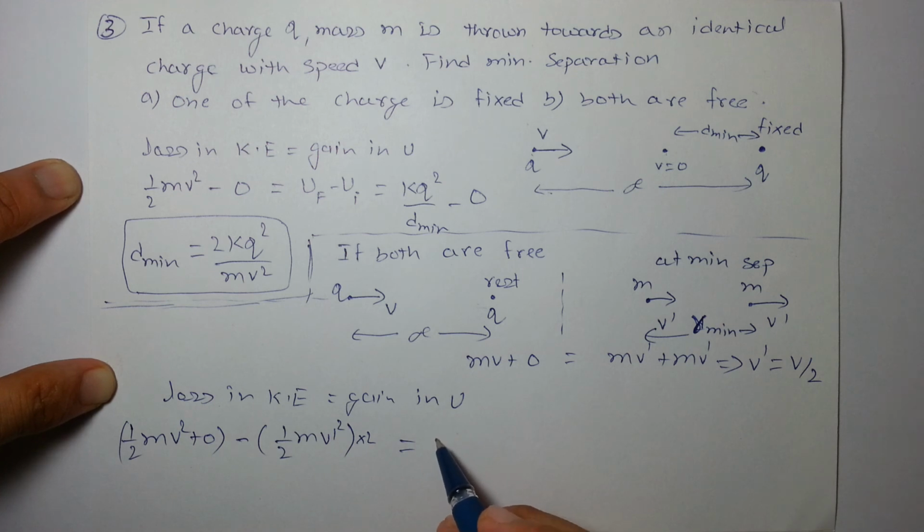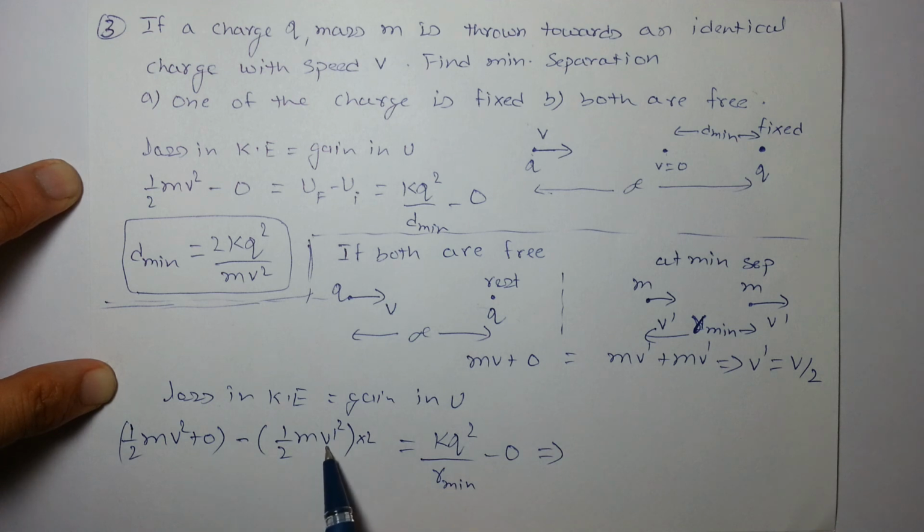So gain will be U final minus initial. Final is kq square by r min, and there was no initial potential energy as the separation was infinite. Solving this, just put the value of v dash here. It will be half, the 2 cancels, 1 by 4.